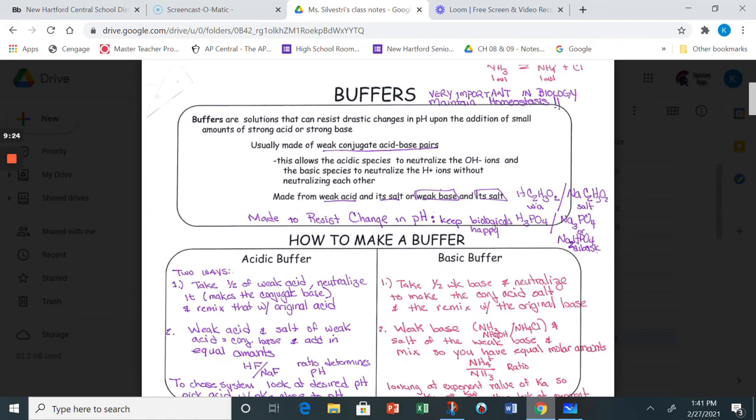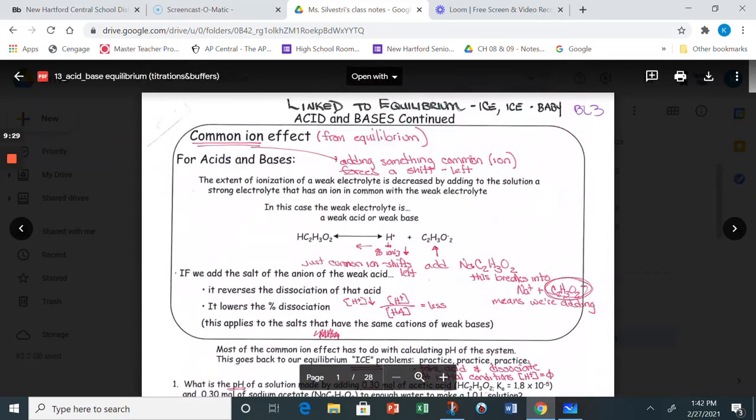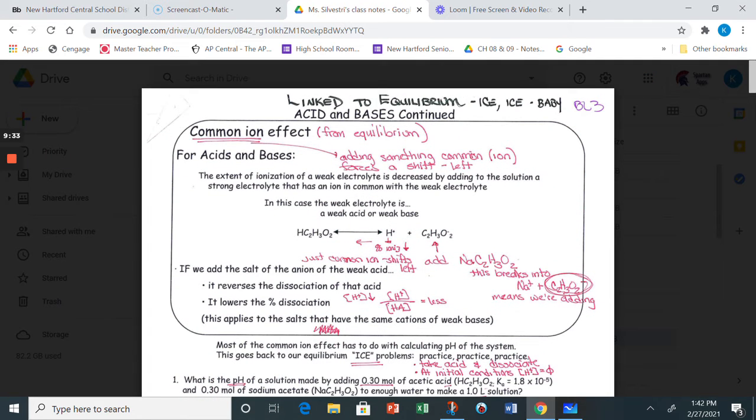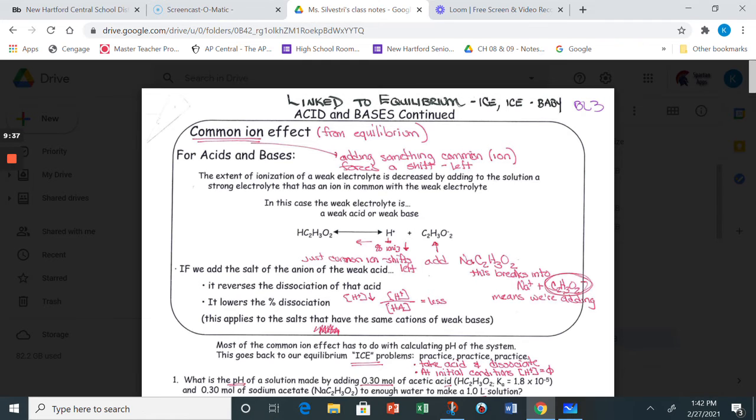Now, I just switched back to the notes. Let's go back up here to when we did this common ion. We had the acid, and we added in as a common ion its conjugate base, and we have two things present because I took a salt and added this in.